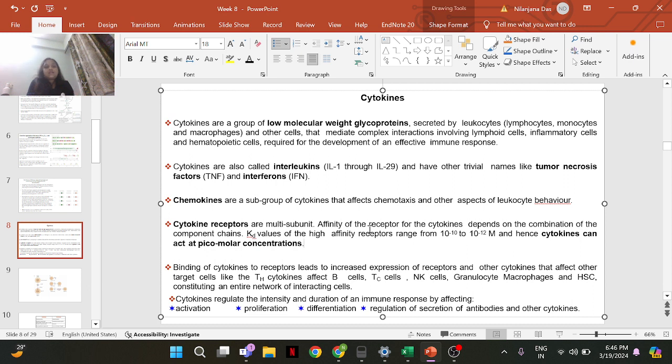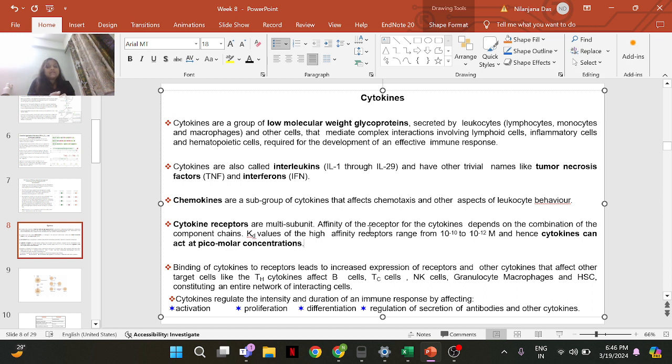Here also the cytokine receptor will be composed of different kinds of chains, and there are KD values, and there are different kinds of receptors like high affinity receptor, low affinity receptor, intermediate affinity receptor. So KD value means the dissociation constant, and it ranges from 10 to the power minus 10 to 10 to the power minus 12 molar, and hence cytokines can act at picomolar concentration.